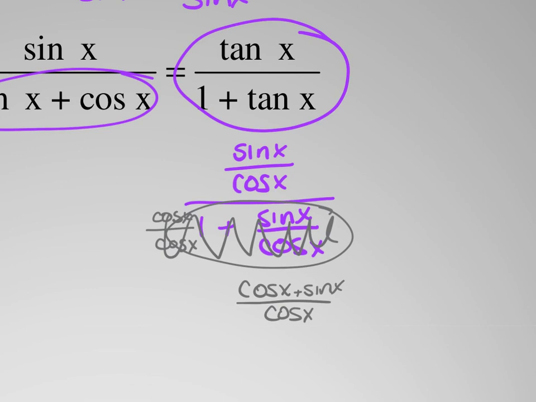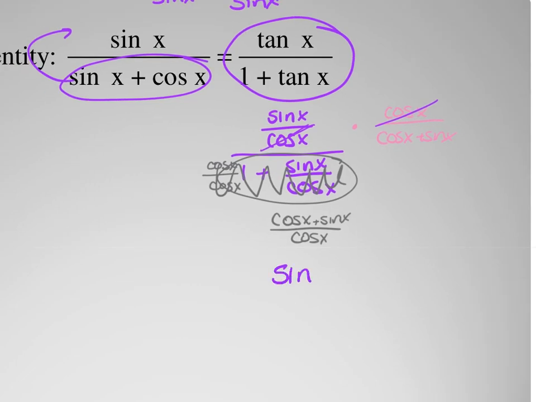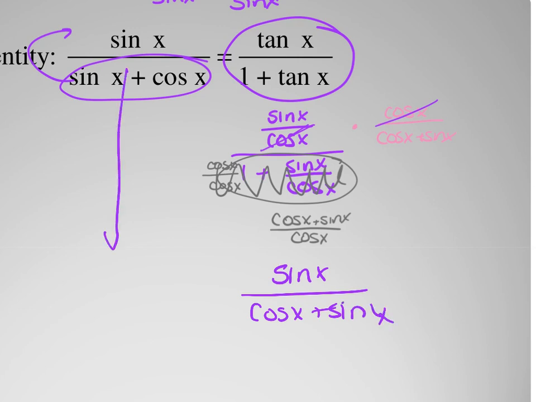Then I'm going to take that numerator and do keep, change, flip with the cosine x plus sine x over cosine x. These cancel. And I end up with sine of x over cosine x plus sine x, which is the same thing as the left-hand side. So I know I'm done.